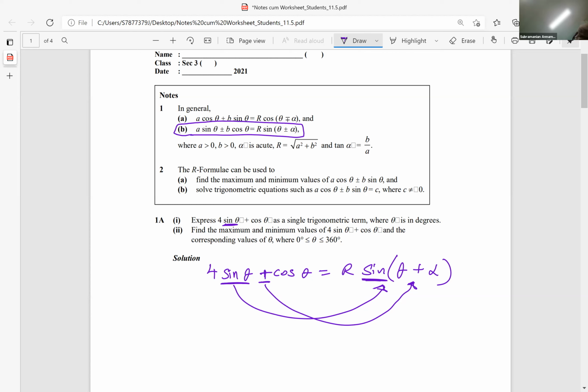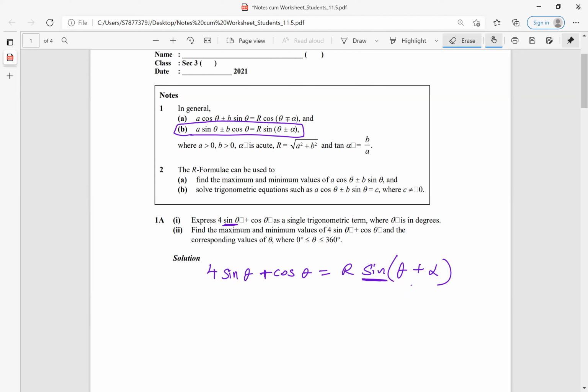This is the first two steps. Wei Ching, can you explain to me why did I choose the R formula as sine and not cosine? Because it starts with sine. Yeah, because it starts with sine. Okay, that's step number one.